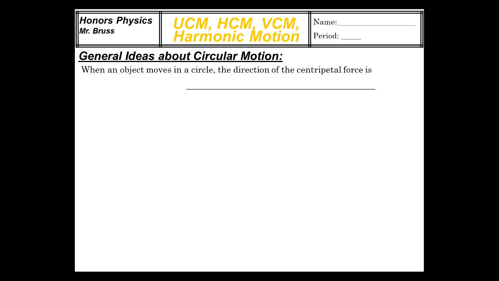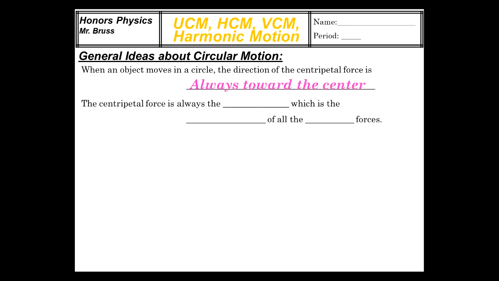Some general ideas. When an object moves in a circle, the direction of the centripetal force is, yes, this is review, always toward the center. The centripetal force is always the net force. The centripetal force itself is not a force, really.